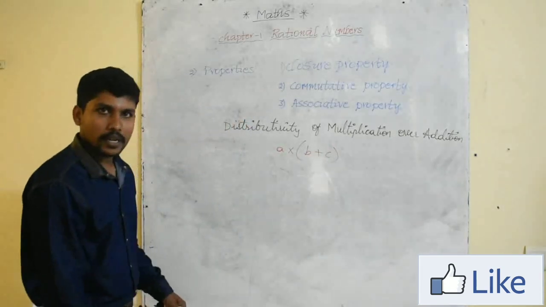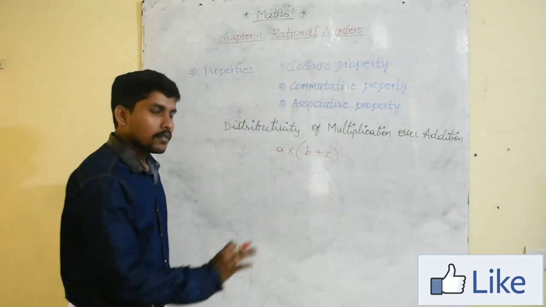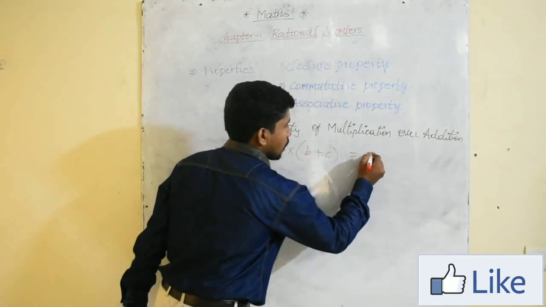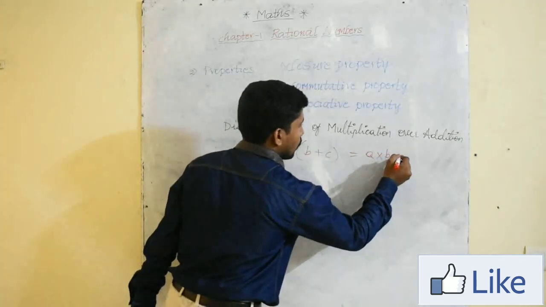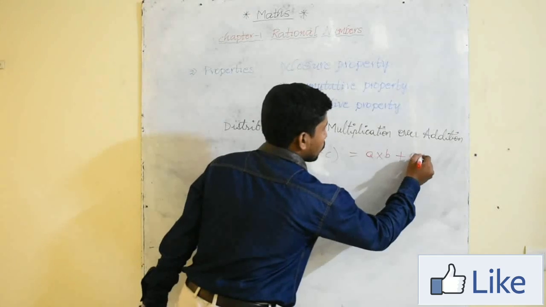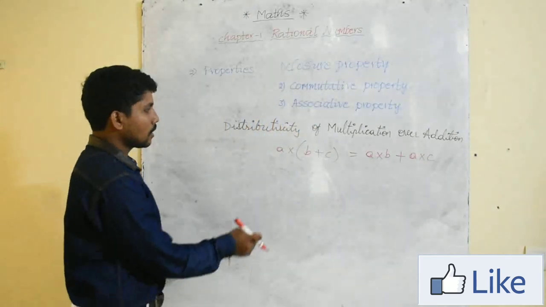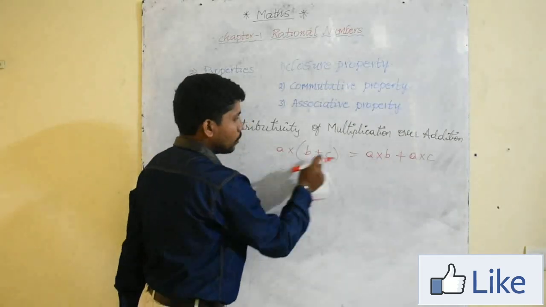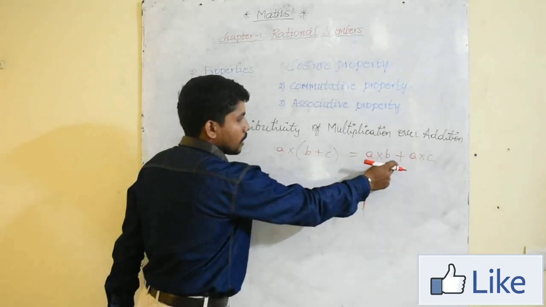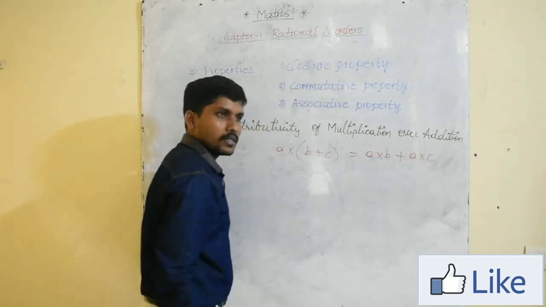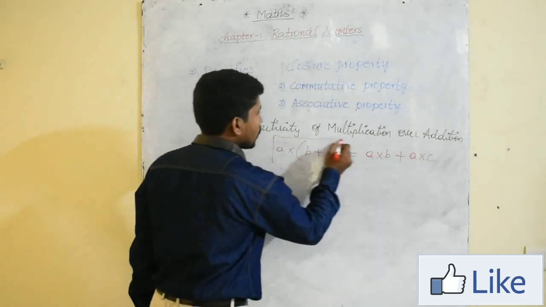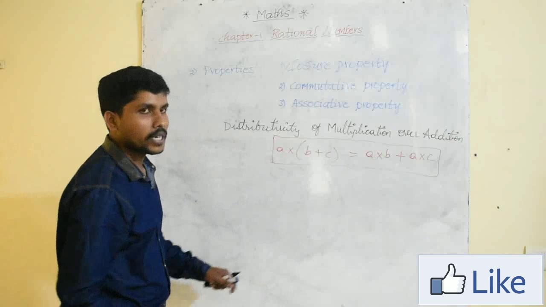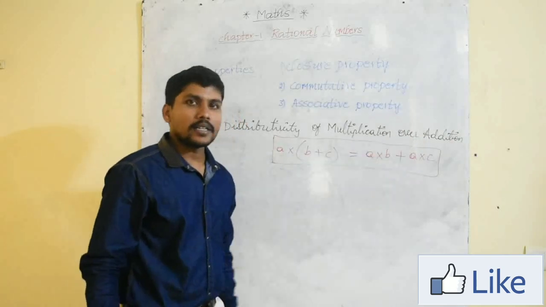That is A into (B plus C), which can also be written as A into B plus A into C. A into (B plus C) can be written as A into B plus A into C. This is the special case, that is the distributivity of multiplication over addition.